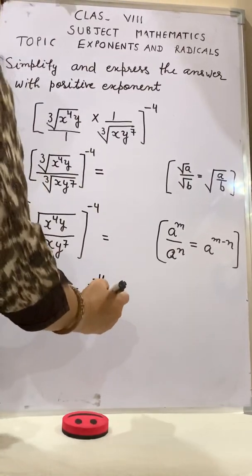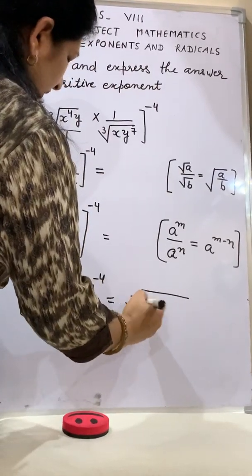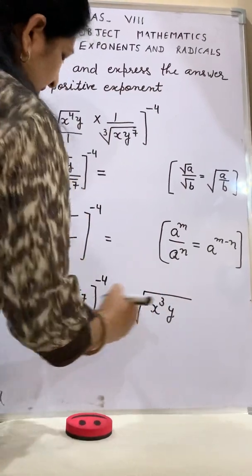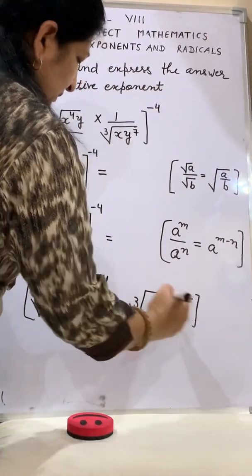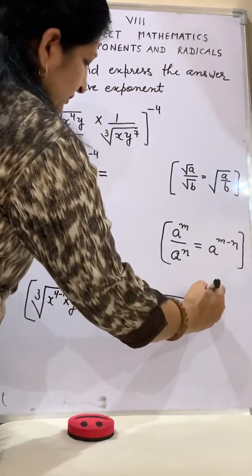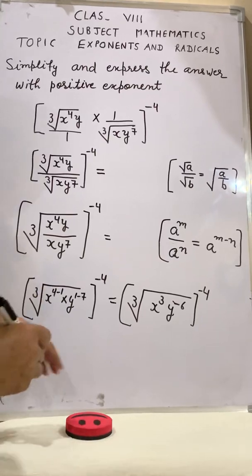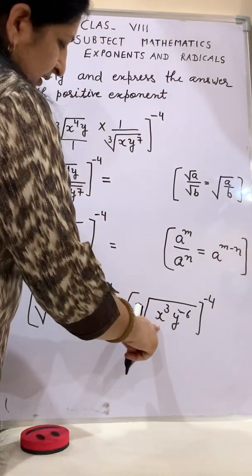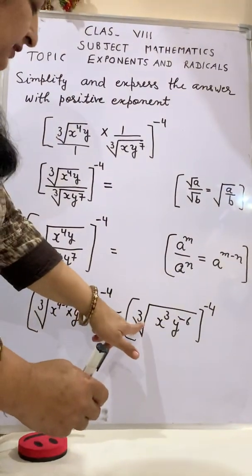which is equal to the cube root of x raised to power 3 and y raised to power 1 minus 7 is minus 6, and whole exponent is minus 4. Next step will be, we write this radical in exponential form. Here index is 3.